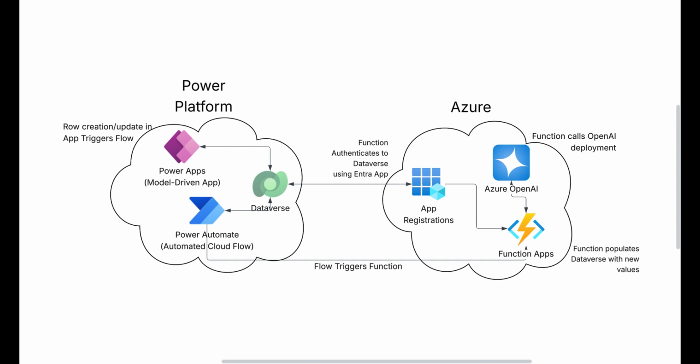Our function will also call an OpenAI deployment, which will determine the nature of the ticket and determine which agent is best to assign to each ticket. Once we determine the category and the agent that best suit the ticket description, our function will then post that information back to Dataverse. Our very first step is going to be creating our schema within Dataverse.